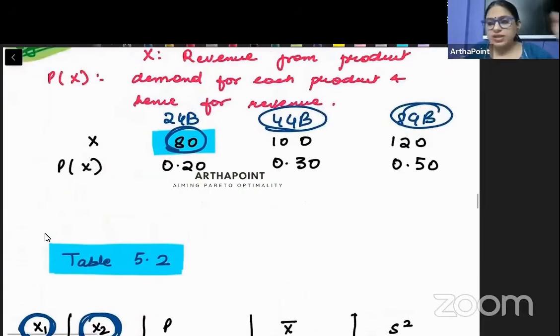So all possible cases जो भी हो सकते थे, that you can sell 1 2 GB and 1 8 GB, तो 80, 120 का combination बन गया. We have written that. Or you can sell both 8 GB, तो 120, 120 का combination बन गया. So that is it. I have written all possible combinations here.